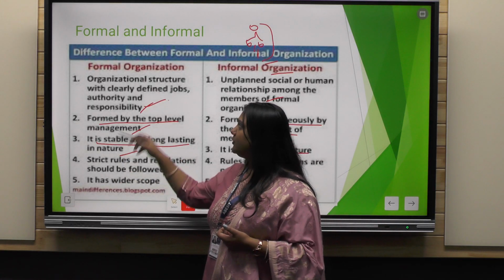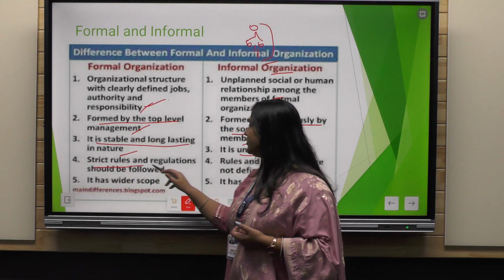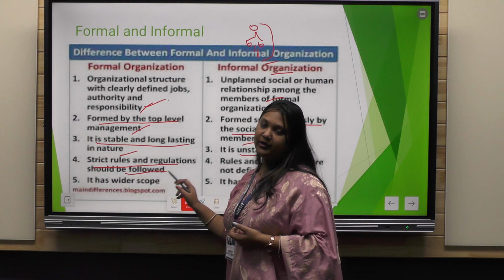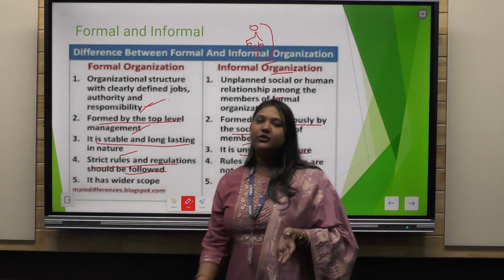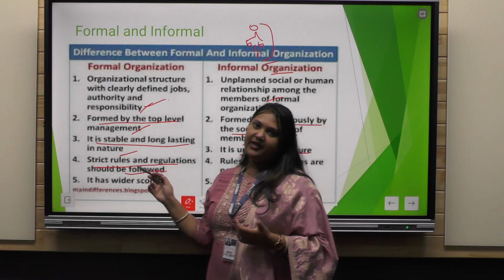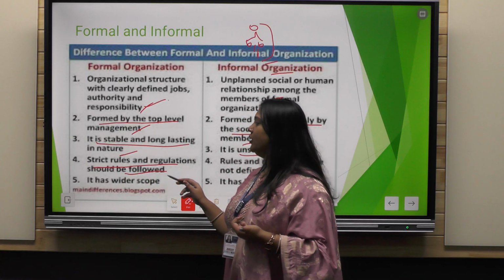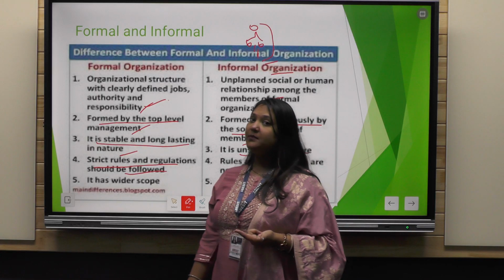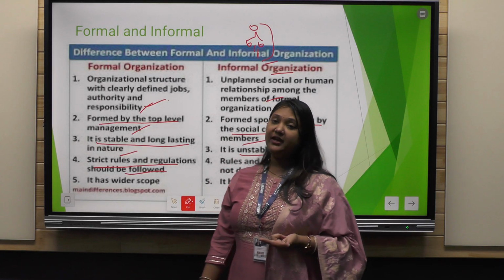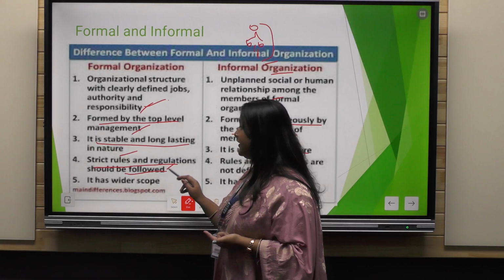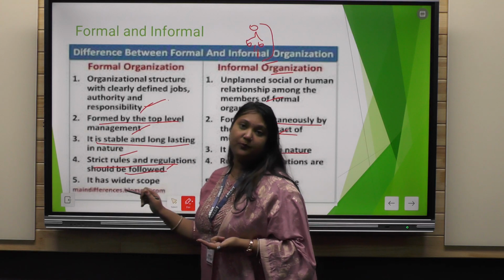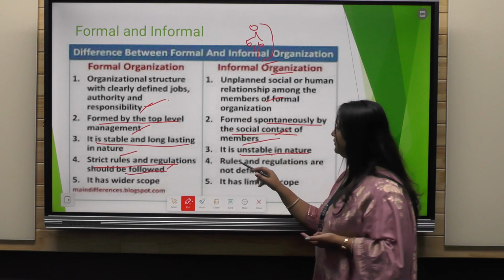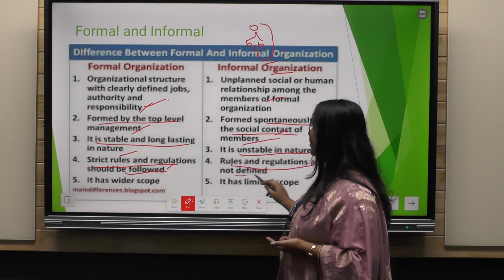When we talk about the formal organization, strict rules and regulations should be followed. Formal means we have to be official, so there should be a restricted time, availability of resources in a certain way, and rules and regulations that should be followed by the employees. In the informal organization, rules and regulations are not detailed.